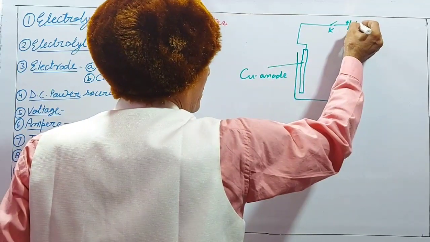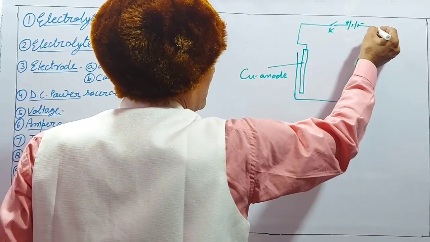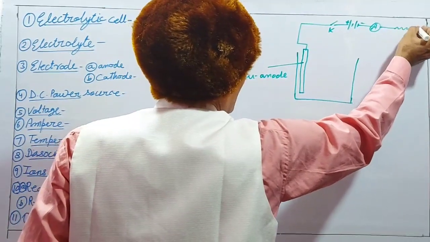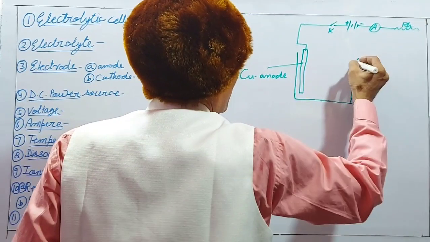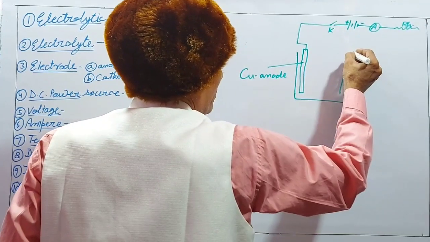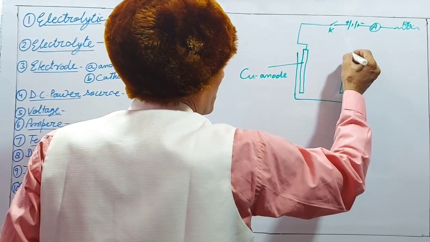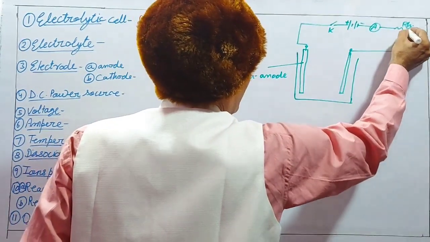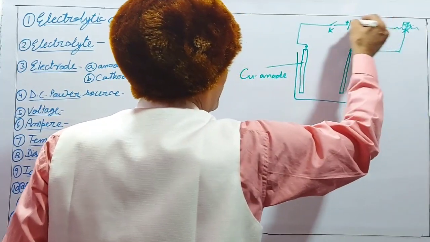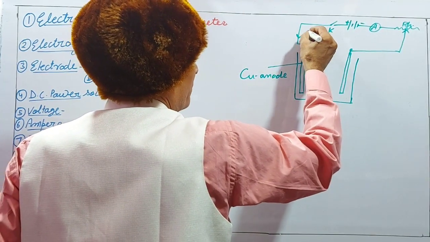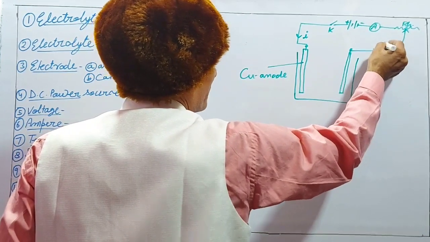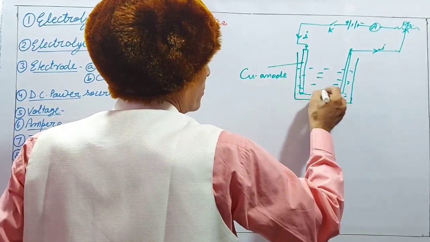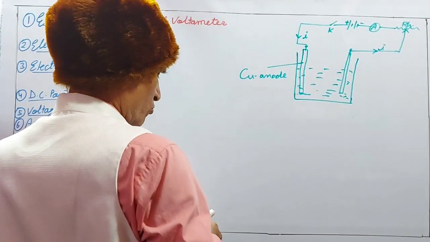The other, negative end is connected to an ammeter or galvanometer, and then a rheostat. This is a copper cathode. This is also connected to the rheostat or negative terminal of the battery. Current comes like this, and this is the electrolyte, aqueous copper sulfate solution.